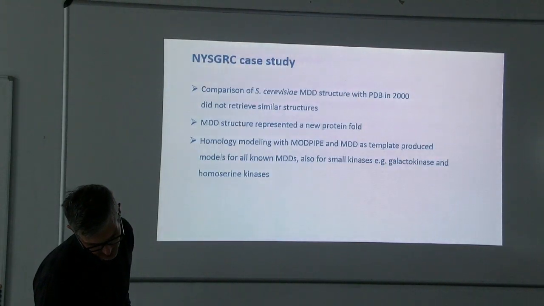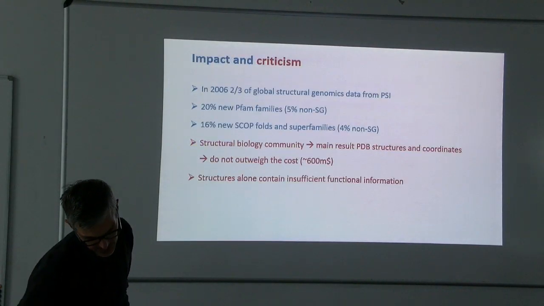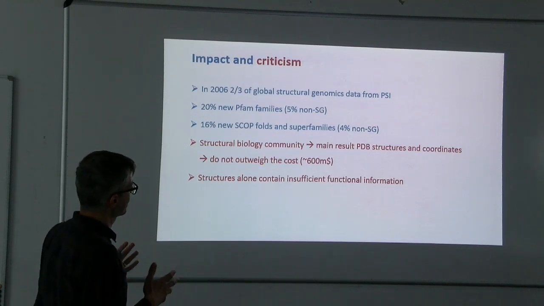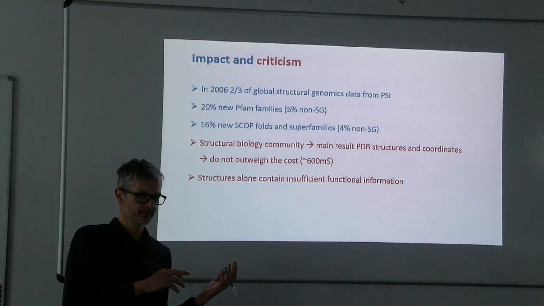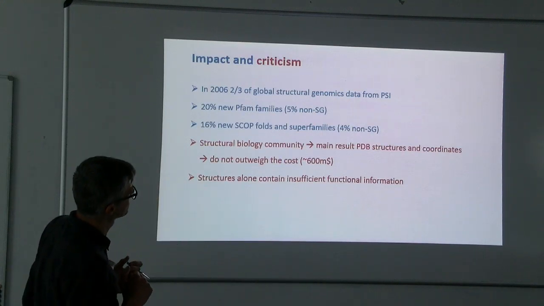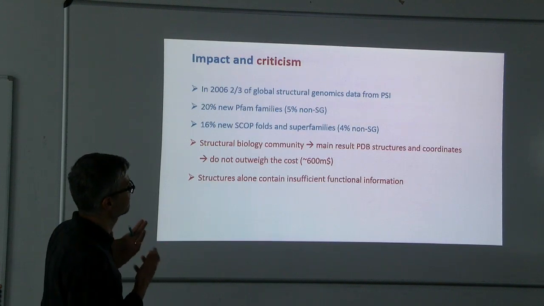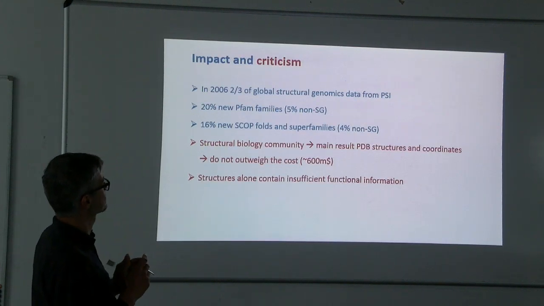And the last thing I want to mention in this chapter is this here, because the results you can say are quite impressive, but there's also a drawback, of course. At the time, lots of new structures became available from these two initiatives.